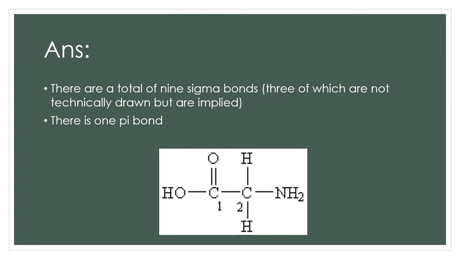The first one of the double bond to the oxygen was a sigma bond. The one linking the carbons together is a sigma bond. The one that links carbon to nitrogen is another. And the ones that link the carbon 2 to each of its hydrogens are also sigma bonds, giving a total of 9. And as we previously mentioned, there is only one pi bond in this completed structure.